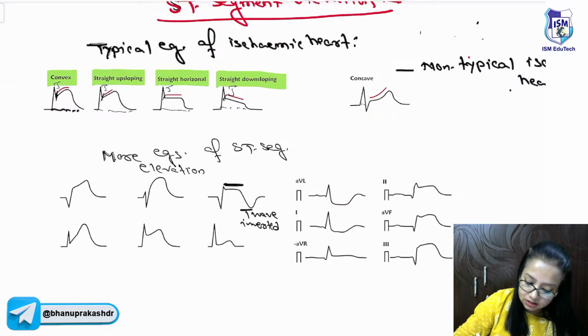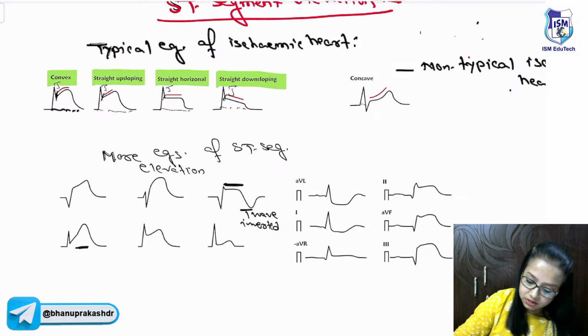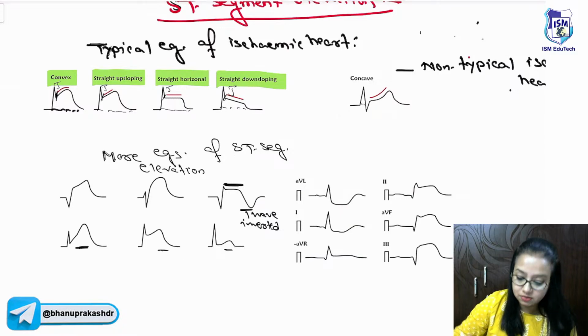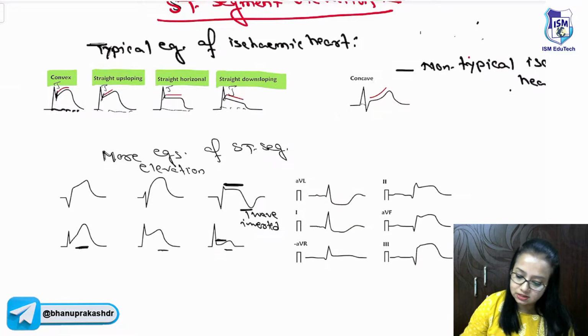Here again you see something like the De Winter's, where a loud T wave is present and the ST segment is upsloping. Here again you find upsloping with a concave T wave, and here you find an upright T wave, which is followed by an ST segment which is horizontal. These are the various examples of the ST segment.